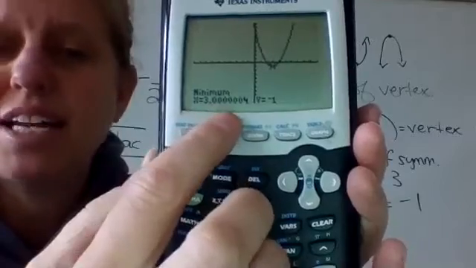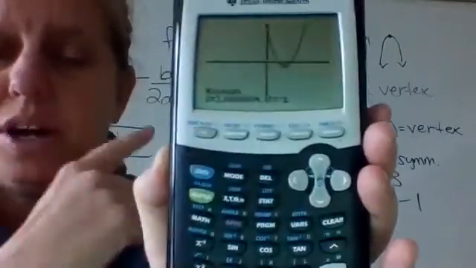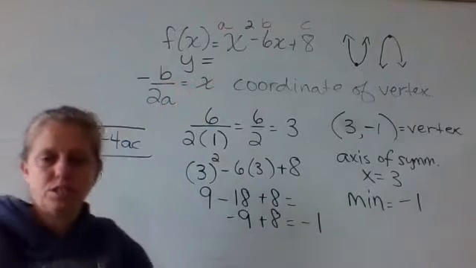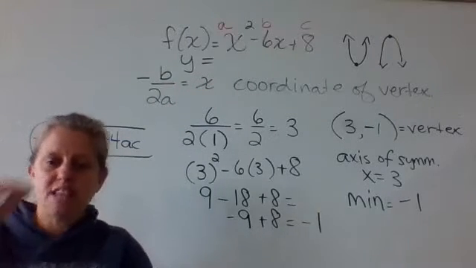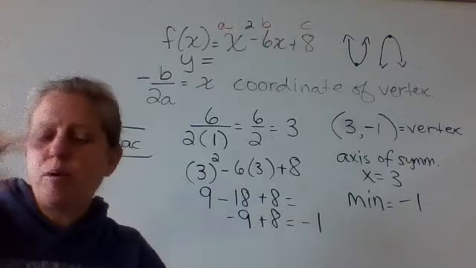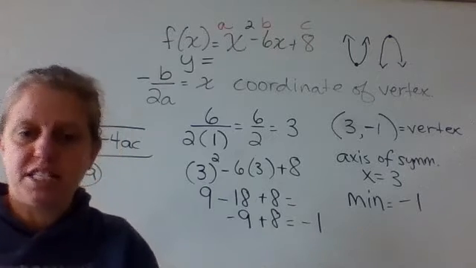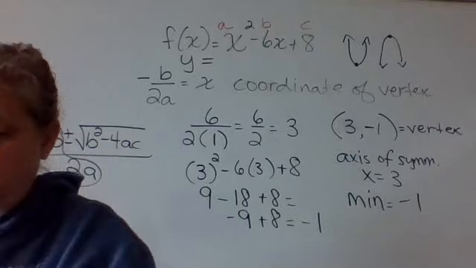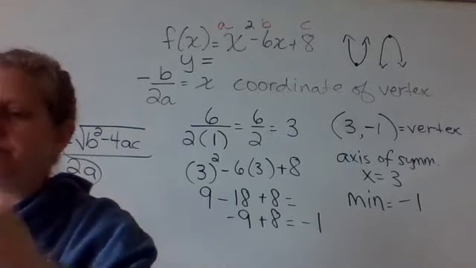So again, you can find it in the calculator by putting the function in your y equals, then going to second calc, and then find the minimum or maximum depending on which way it's going. Okay, so let's use that on these next ones. Let's go to number 3.